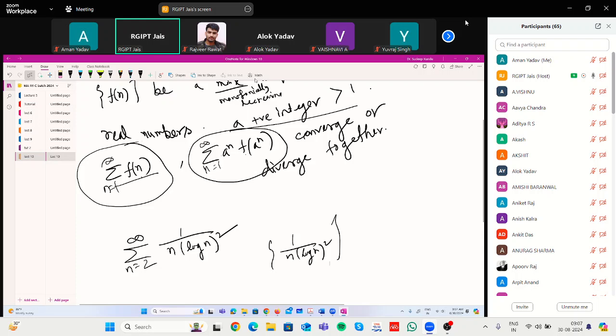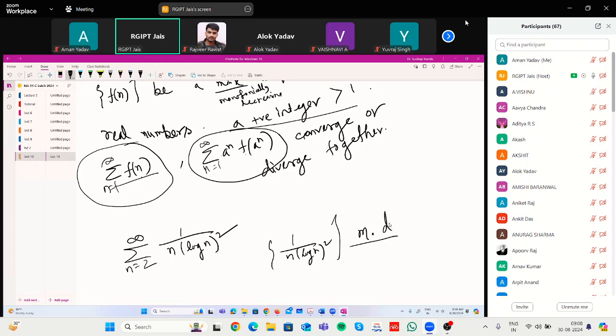So first you have to show that this sequence is monotonically decreasing.